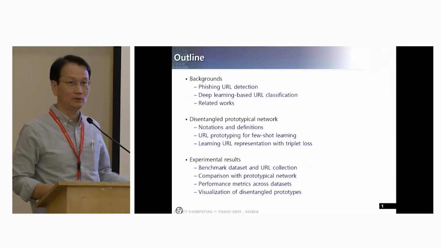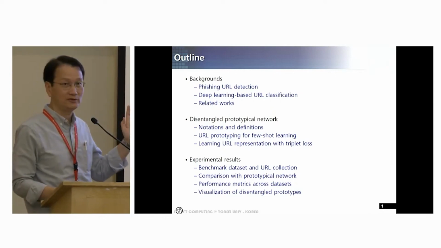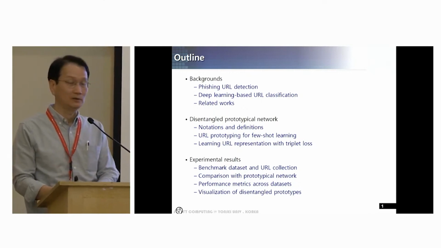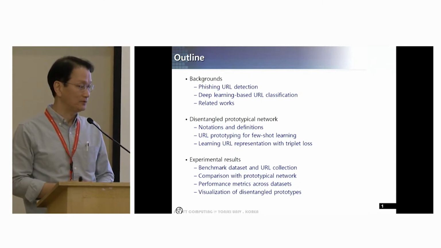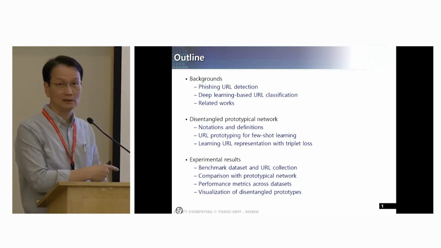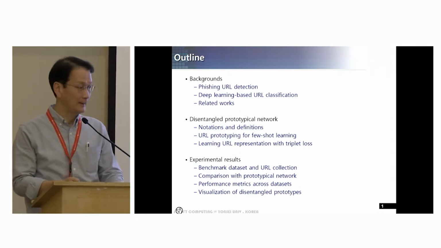So the whole presentation is given like this. After introducing the definition of phishing URL detection, I will present the proposed method, the disentangled prototypical network, followed by some evaluation results with 3 benchmark data sets.